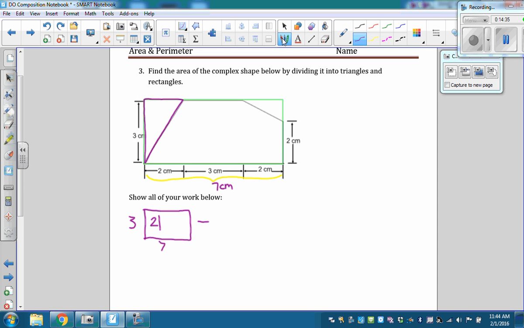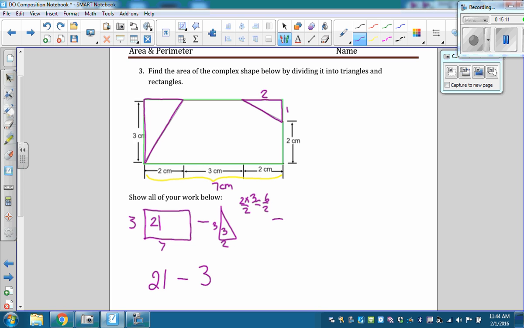I'll draw a little picture of what I'm doing here. So I'm going to subtract out that triangle, which is 2 by 3. So 2 times 3 divided by 2, because it's a triangle, is 6 divided by 2, which is 3 units. So I'm taking the 21 units from the rectangle and subtracting the 3 units from the triangle, and then I'm going to subtract out this little triangle, which, we found from the other page, is 2 by 1.